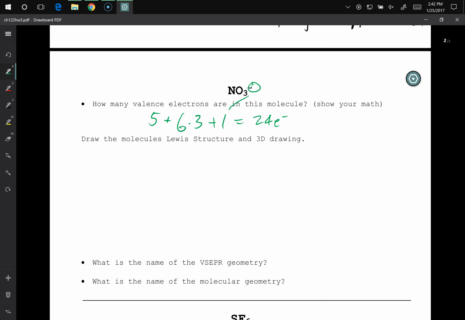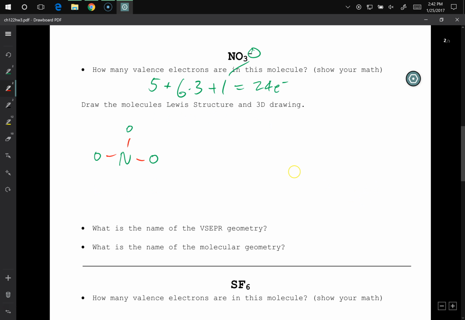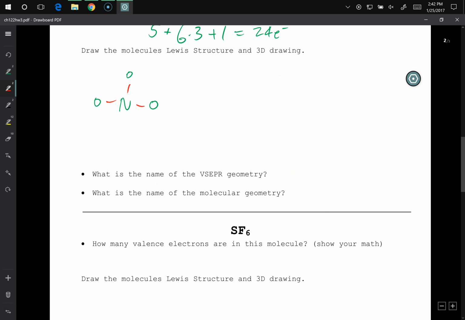Who are we going to put in the middle? Nitrogen. Okay. So I got a nitrogen here, and then an oxygen, and an oxygen, and an oxygen. So I've used 6 of my 24, and nobody's happy right now. What would you like to do? Where do you want to put electrons?